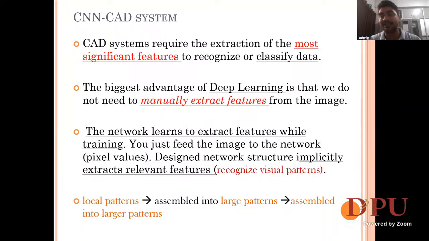Then ultimately you get a number, and those numbers will tell you, okay, 90% accurately your CAD system can detect cancer growth. That was all about the shallow machine learning period. So: pre-processing, quality enhancement of the image, then segmentation. After segmenting, finding the region of interest, go for a feature extraction strategy.